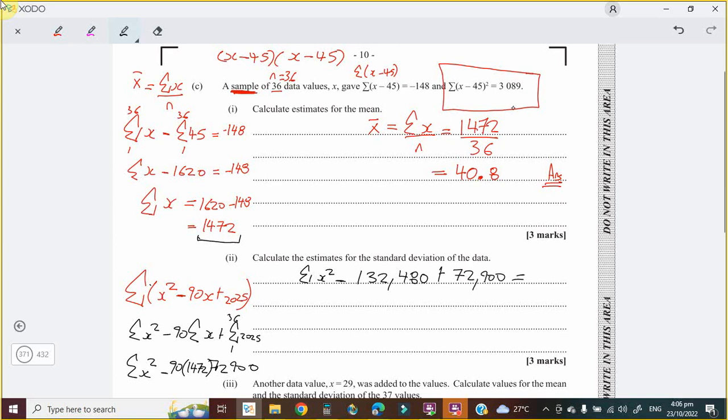All of that would say equal 3,089. So we need the sum of x squared. So this is now the sum of x squared is equal to, bring everything to the other side, 132,480 plus 3,089 minus 72,900. Work that out for me now.